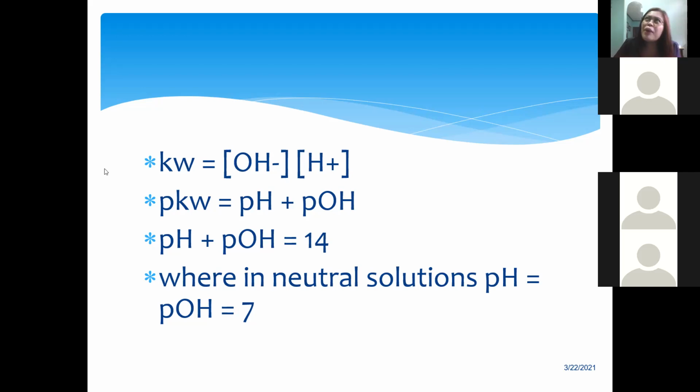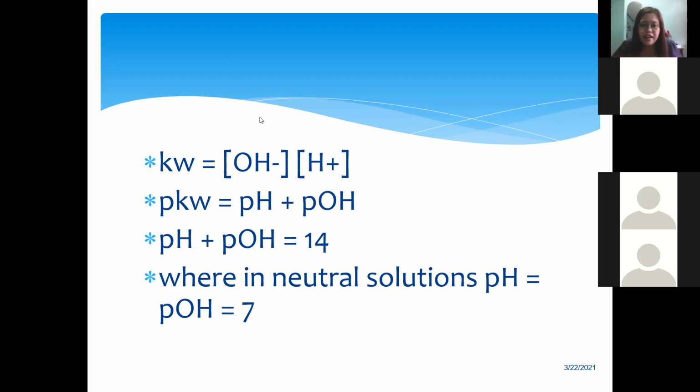Mao ni atong ginagamit na formula. So, if we want to know the power of the ionization constant of water, this is how it looks like. pKw is equal to pH plus pOH. And then if we get the pKw, it's negative log of the 1.0 exponent is negative 14.